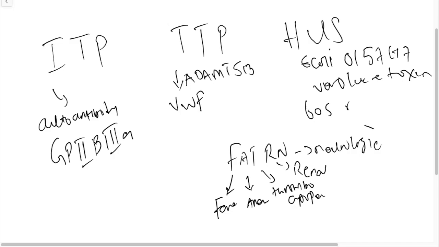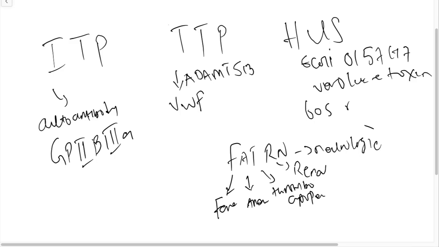So in TTP, you will have this pentad: fever, anemia, thrombocytopenia, renal disorder, and neurologic symptoms. While in HUS, you will only have three of them: anemia, thrombocytopenia, and renal defect.